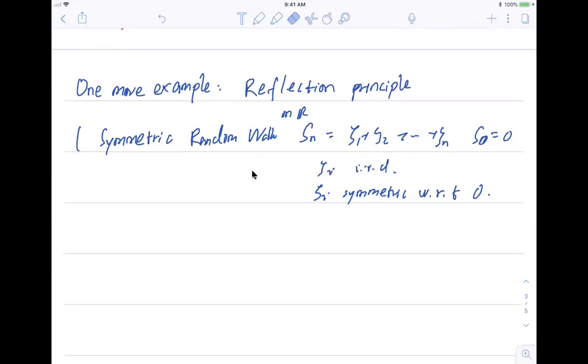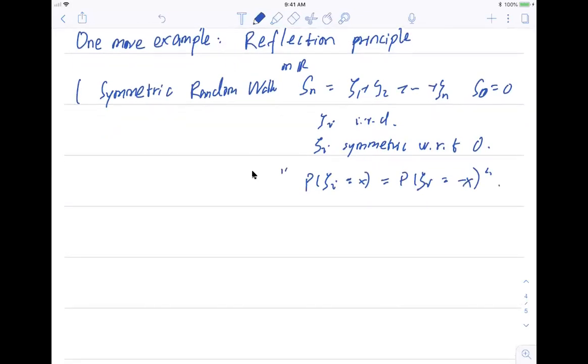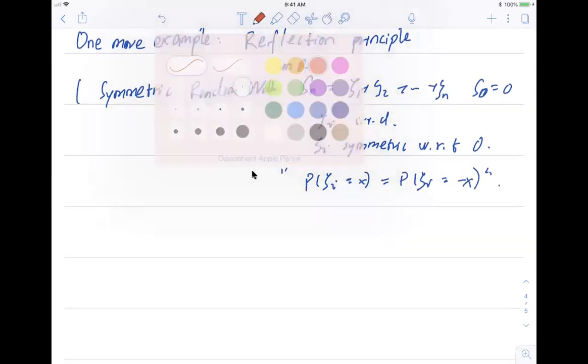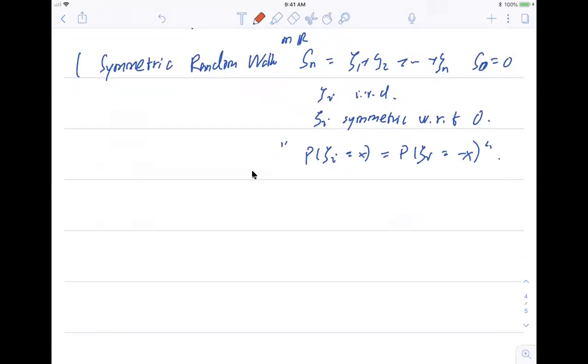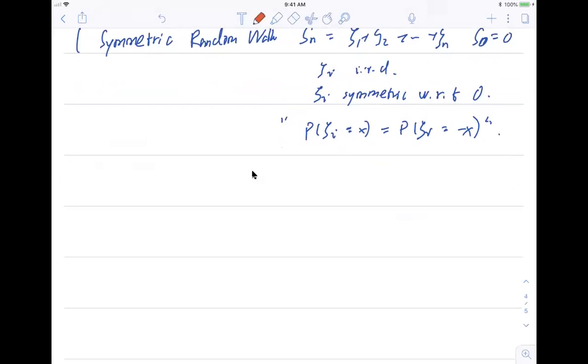So basically, xi_i equals x and xi_i equals minus x have the same probability. The conclusion is a very nice and very useful observation.